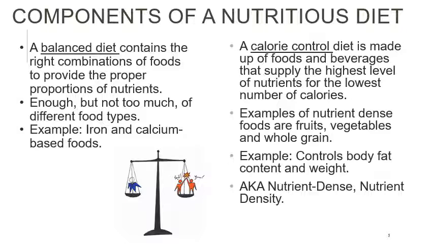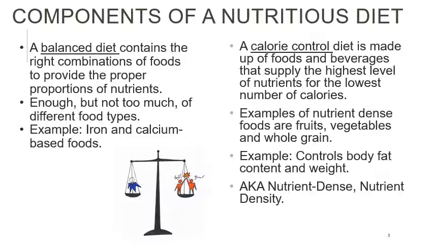A calorie-controlled diet is made up of foods and beverages that supply the highest level of nutrients for the lowest number of calories. So examples of nutrient-dense foods are fruits, vegetables, and whole grains. They have fewer calories, but they have a whole bunch of nutrients, vitamin B's, A's, minerals, and stuff.